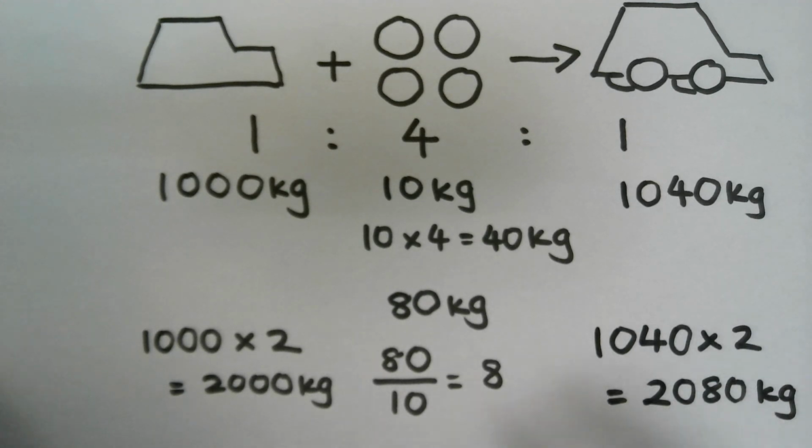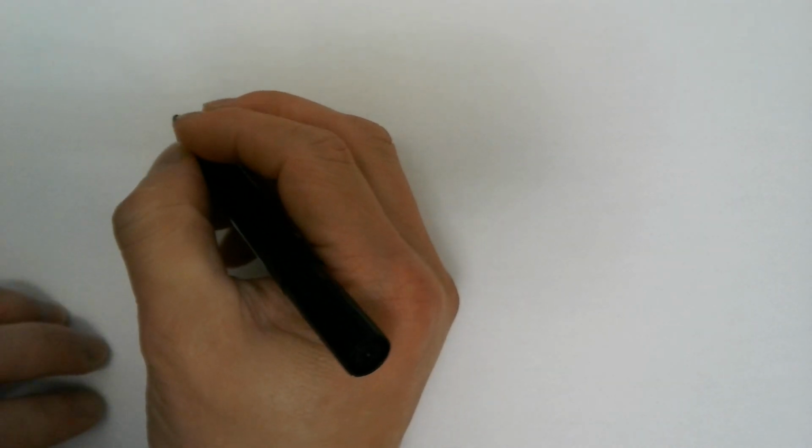Now we're going to look at it in a proper chemical reaction. So we've used the analogy of the car. Now we're going to actually use a real chemistry example.